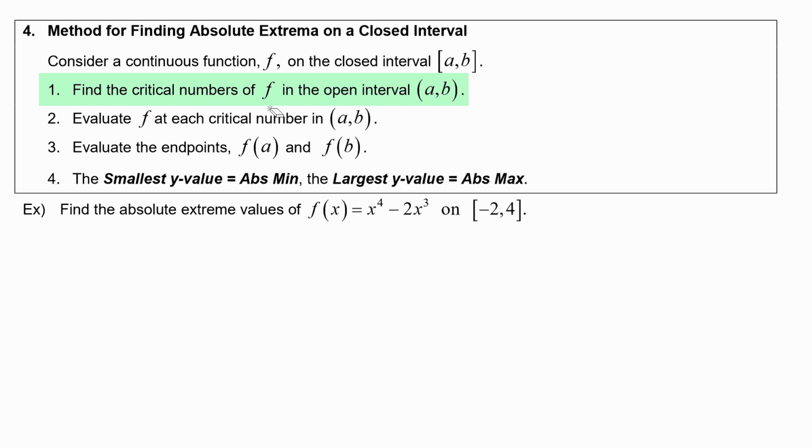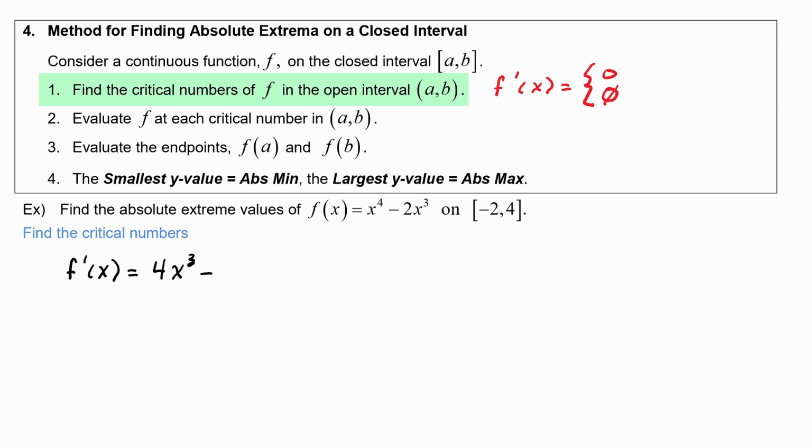We know that critical numbers occur when the derivative of the function is either 0 or does not exist. So to find the critical numbers for this f of x, we need to take the derivative, f prime of x, that's an easy one, 4x cubed minus 6x squared.